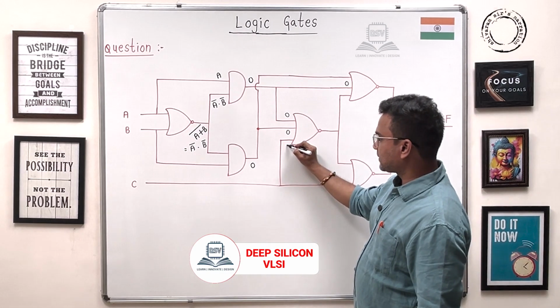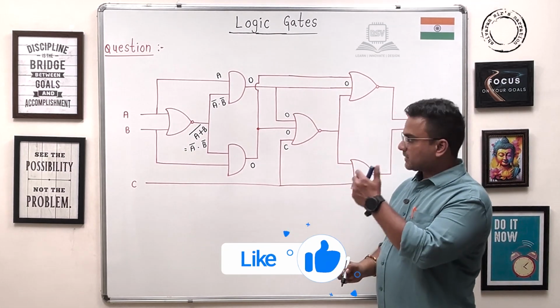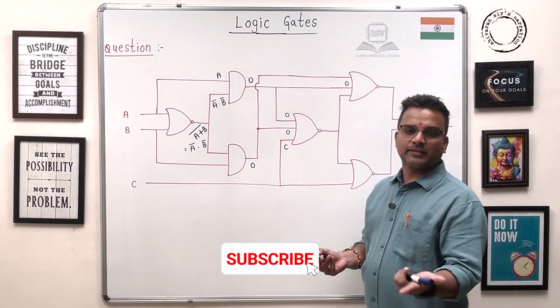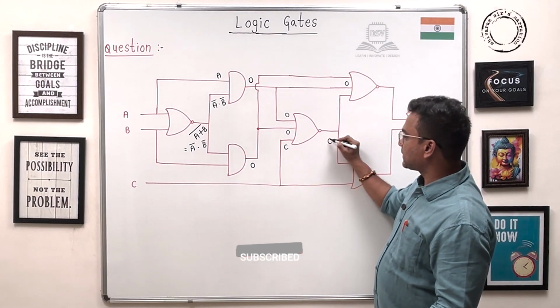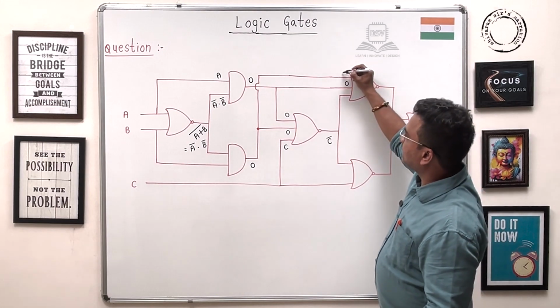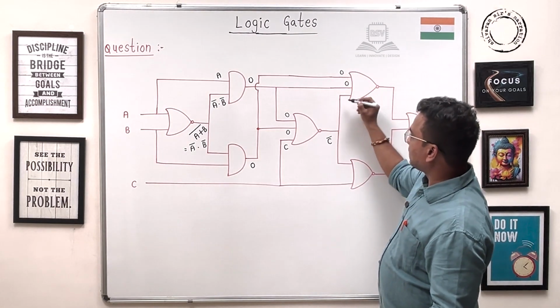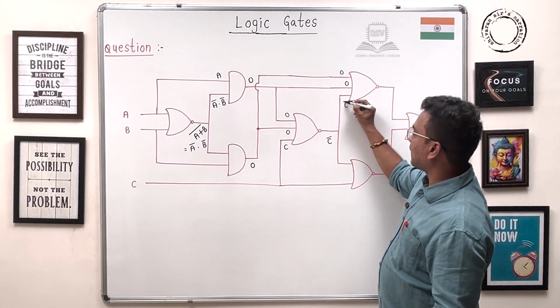Now guys, this is C. Now it is (0 plus 0 plus C) whole bar. What is that? C bar. This is C bar. Anyway, this is 0, and this is C bar.